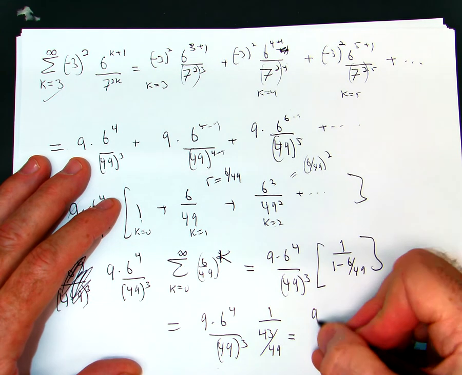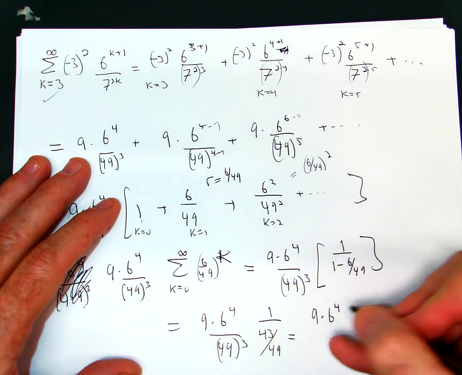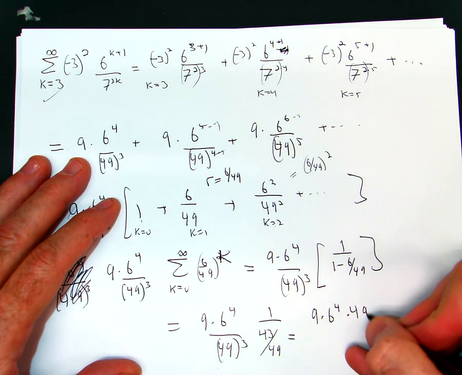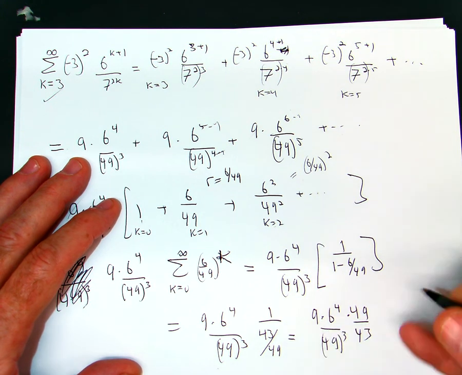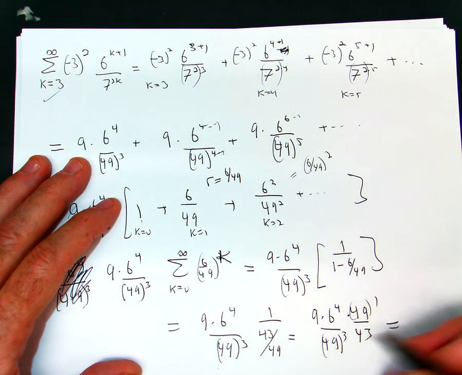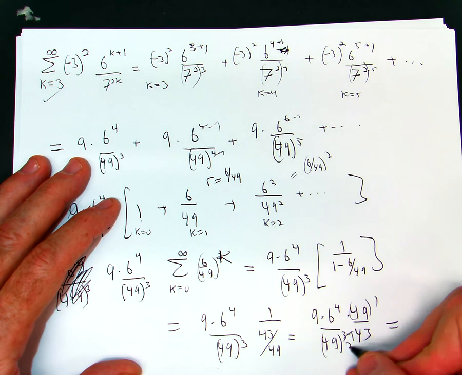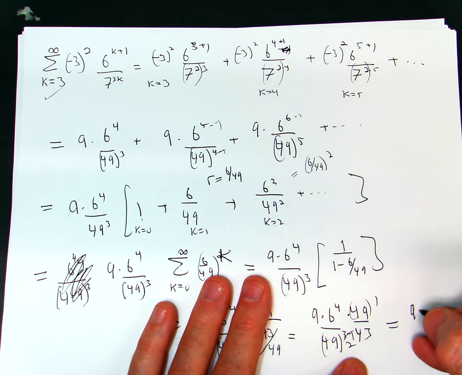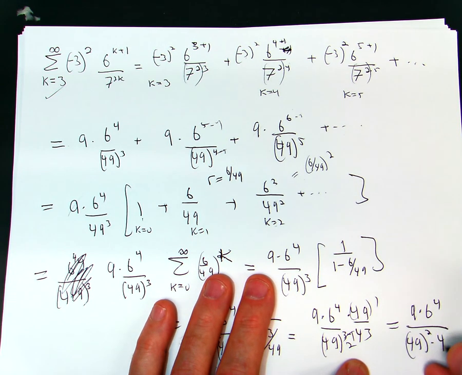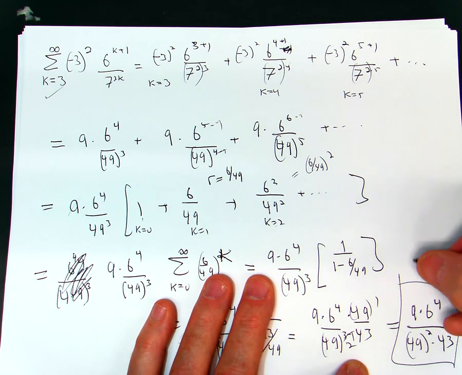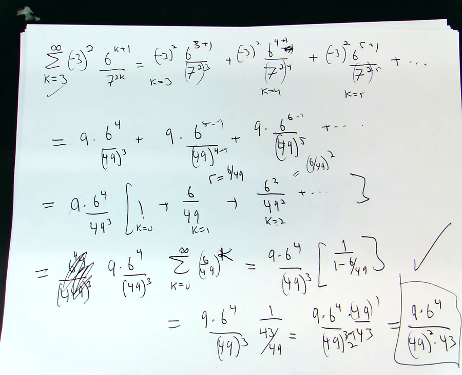That's going to be 9 times 6 to the 4th times 49 over 43 times 49 cubed. Cancel, I'm going to be left with a 2 here. So I get 9 times 6 to the 4th on the top. I get 49 squared times 43 on the bottom, and that's my answer. It's perfectly okay to leave it like that.